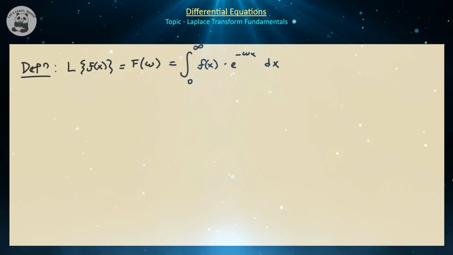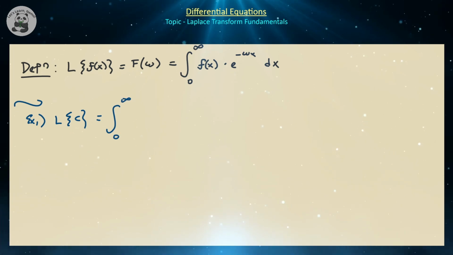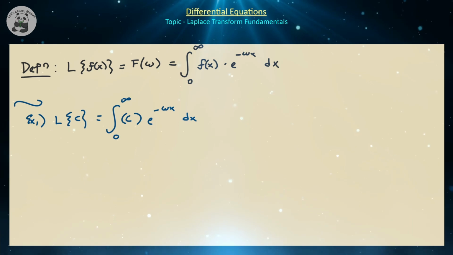So let's consider the very basic example, the Laplace transform of a constant, c, some number. So that's going to be equal to the integral from 0 to infinity of our constant times e to the minus omega x with respect to x.